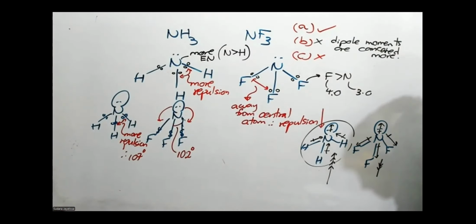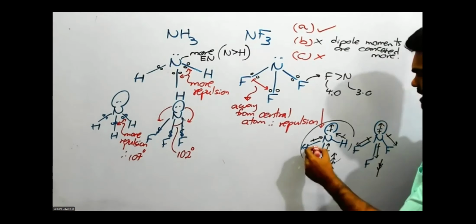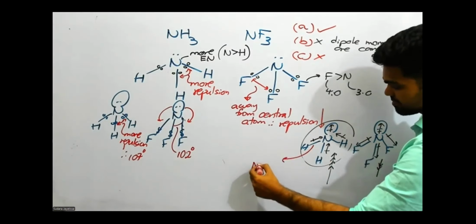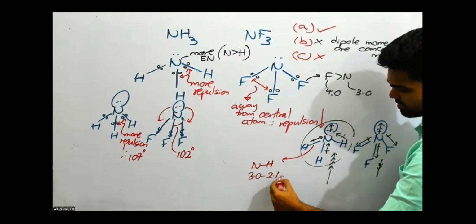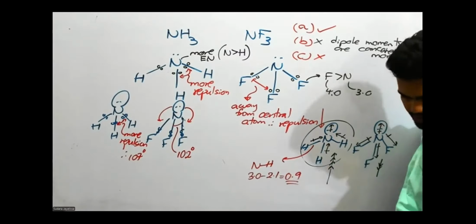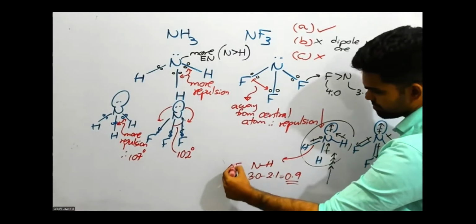And then last one, electronegativity difference between N and H in NH3. N and H electronegativity difference is 3.0 minus 2.1, 0.9 difference is there.